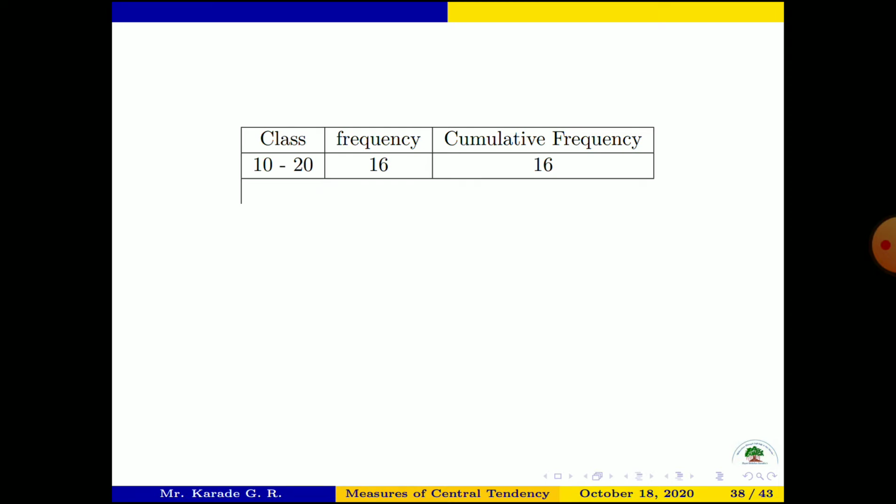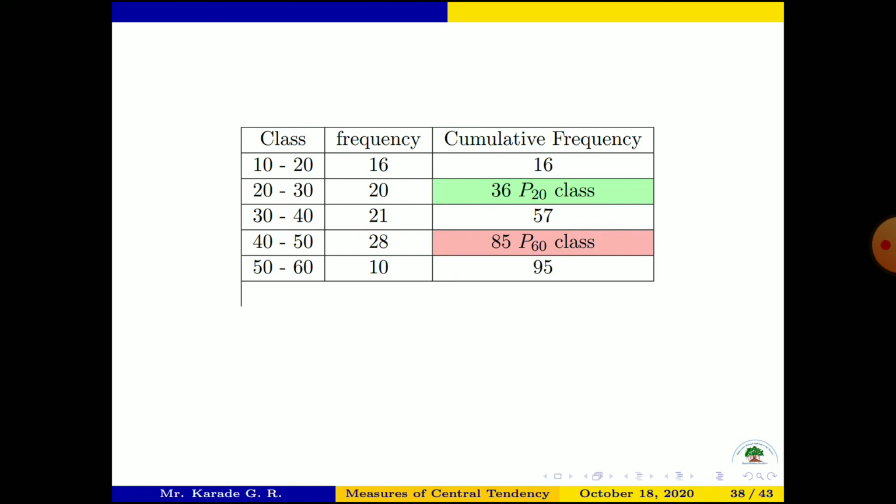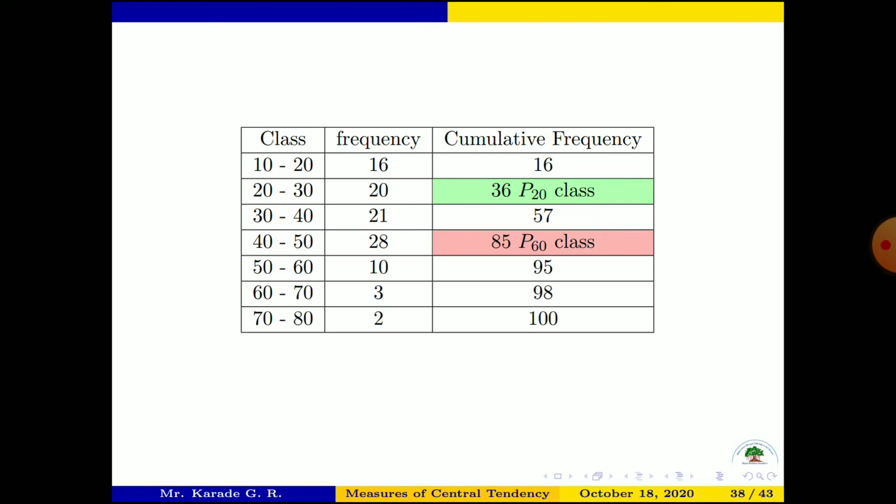So once again we write the cumulative frequency table with colored cells. These colored cells give the classes, meaning the 20th percentile class and the 60th percentile class, green cell and red cell. So first of all we find P20. P20 means 20th percentile.